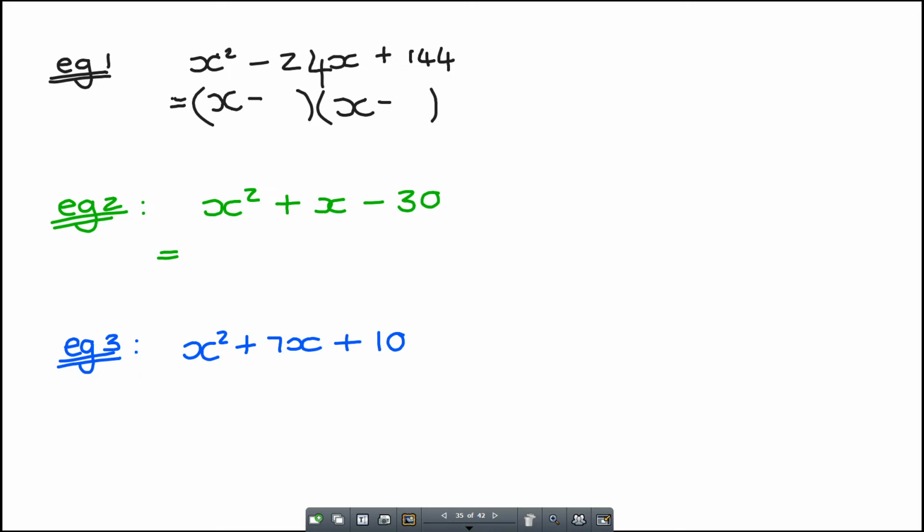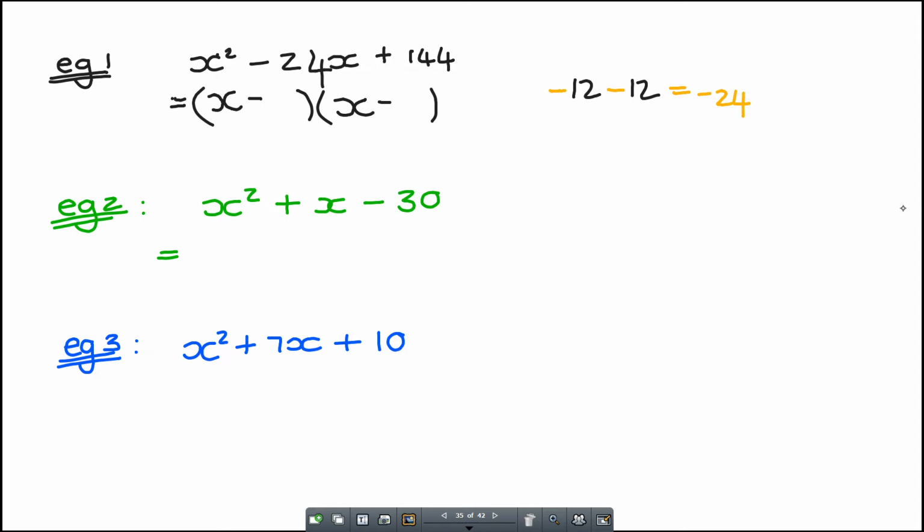Good. Now, we said we go look for the factors of 144. The first one that I can think of is 12 times 12. Now, can I use that to get negative 24? Yes, I can say minus 12 minus 12, and that's going to give me negative 24.